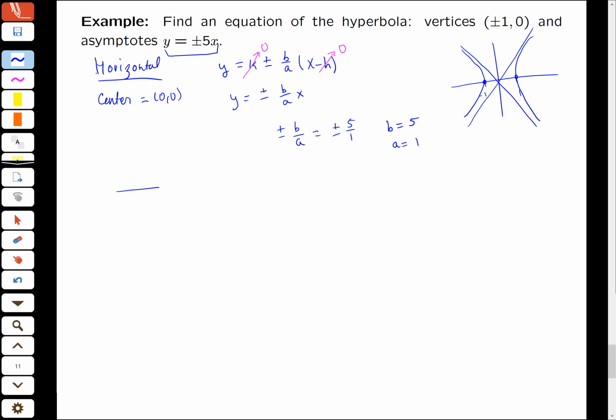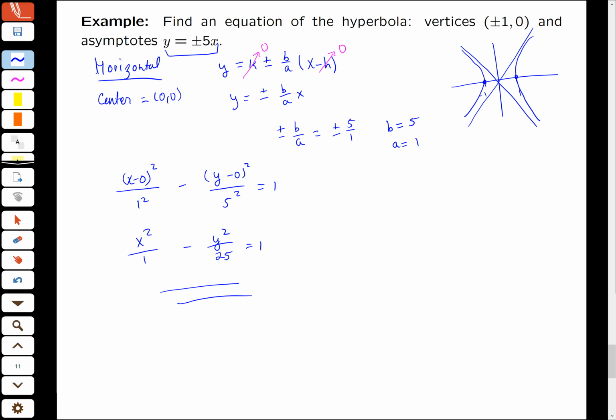So I have x minus 0 squared over 1 squared minus y minus 0 squared over 5 squared is equal to 1. Or x squared over 1 minus y squared over 25 is equal to 1. And there's our equation. The equations for these are very easy to write down.